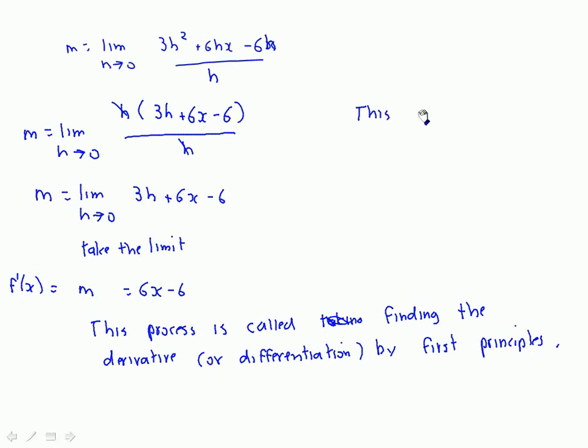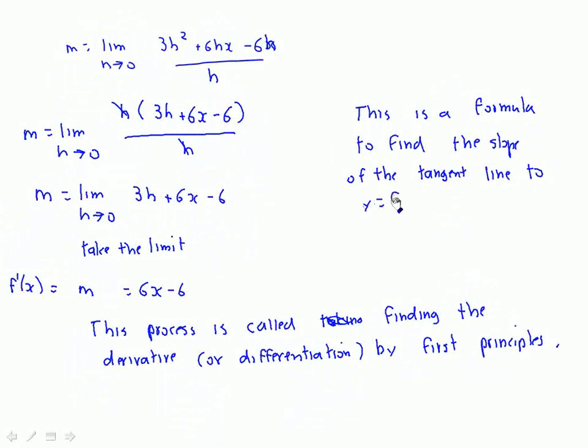So this is a formula to find the slope of the tangent line to y equal f at x at any point.